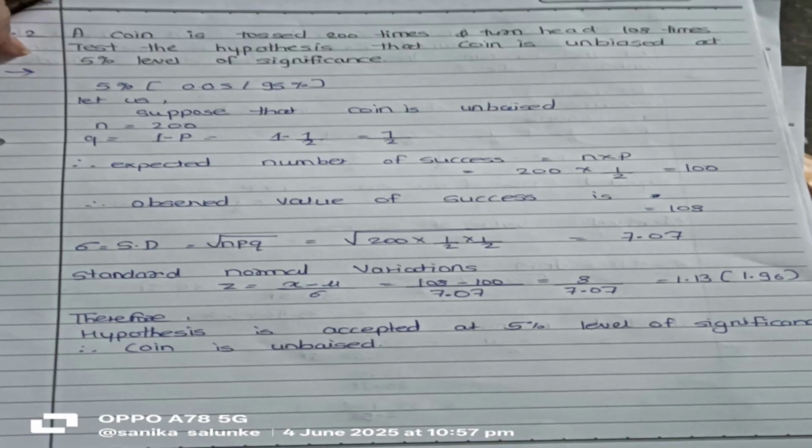The expected number of successes is n times P, which is 200 times 0.5, equal to 100.